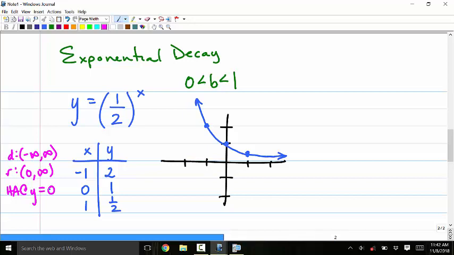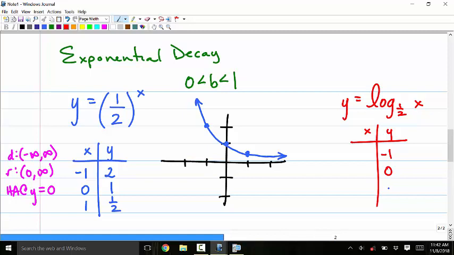Okay, what is the inverse function of y equals 1/2 to the x? Log to base 1/2. It's y equals log base 1/2 of x. Our three favorite y values are now -1, 0, and 1. What are our points going to be?